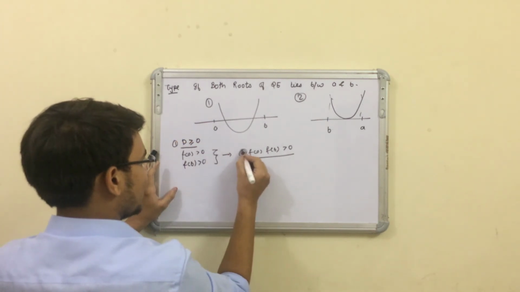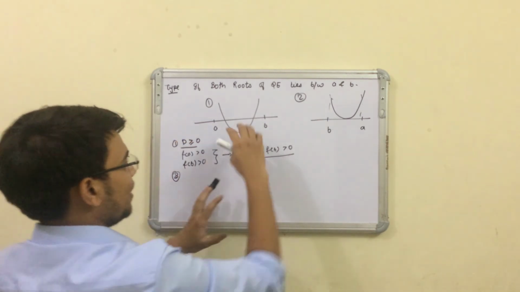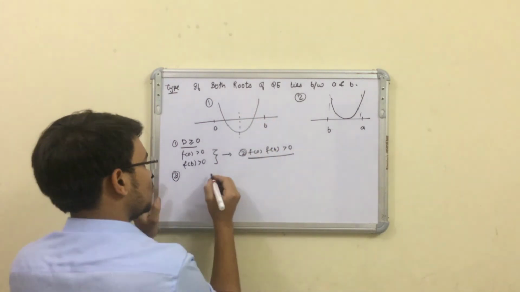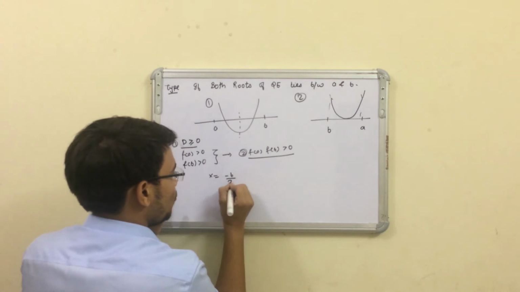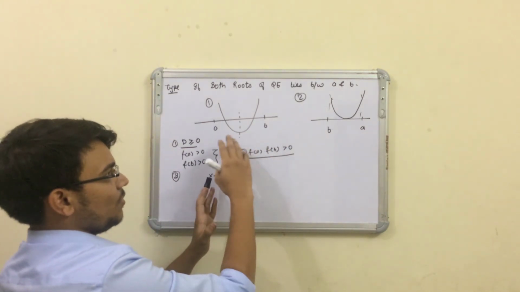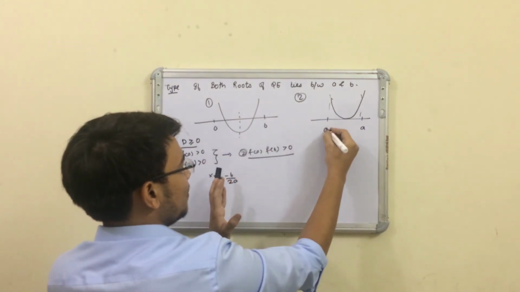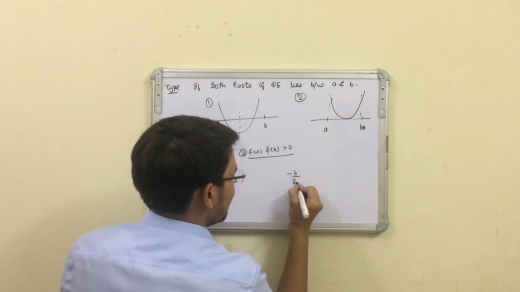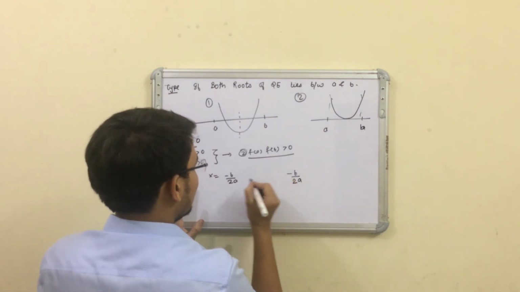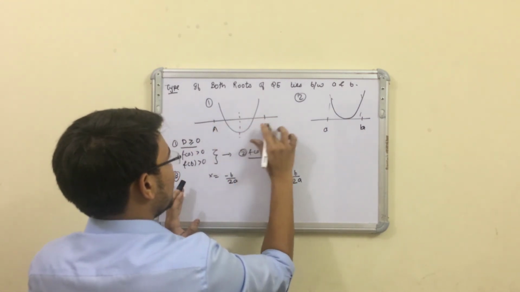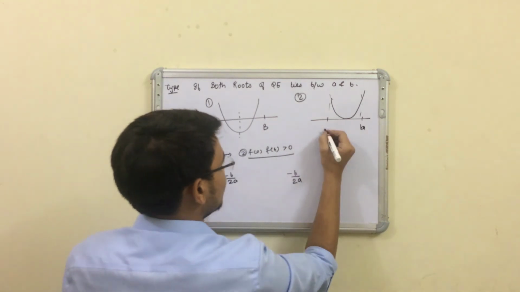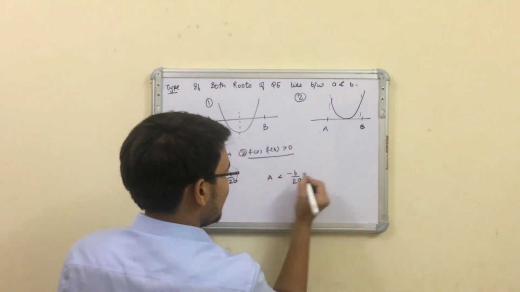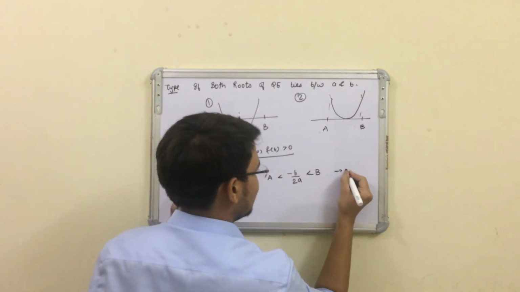This is the first condition, this is the second condition, and the third condition is that the minimum value, that is x equals minus b upon 2a, lies between a and b. I can consider it capital A and capital B to avoid confusion. This is our third condition.